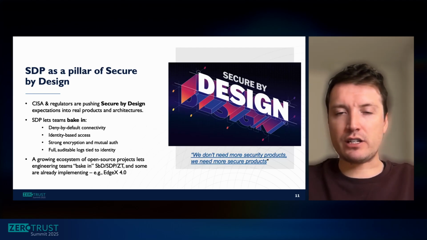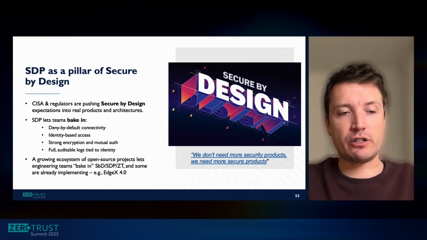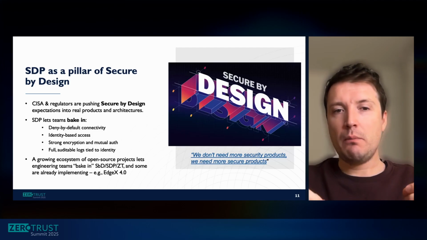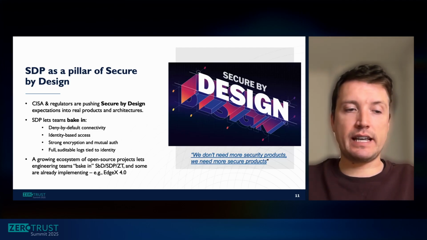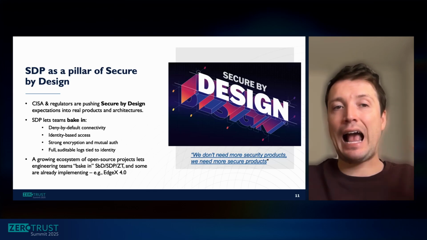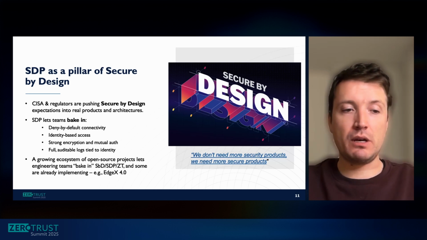And this was kind of our objective. Software-defined perimeter is great. I think more organizations should be implementing SDP and zero trust networking tools and other things that help us deliver these objectives. But wouldn't it be great if organizations, when they bought commercial off-the-shelf applications, had SDP and secure by design built into them by default?